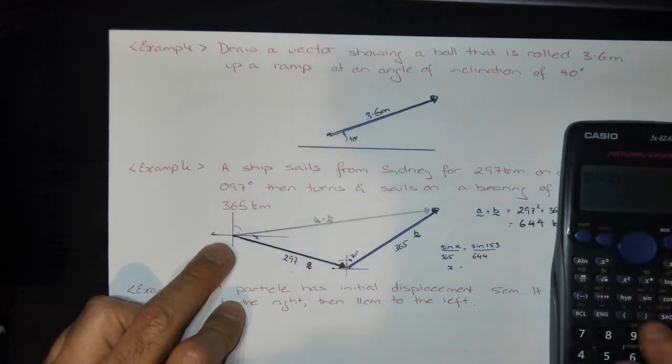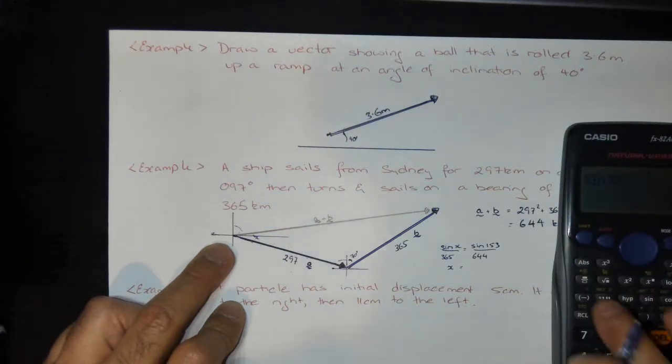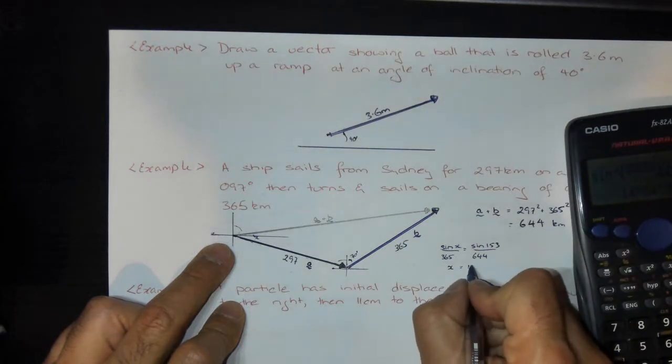So x is the inverse sine of 365 sine 153 over 644. Let's say 15 degrees.